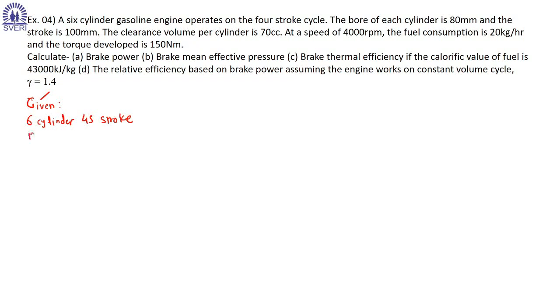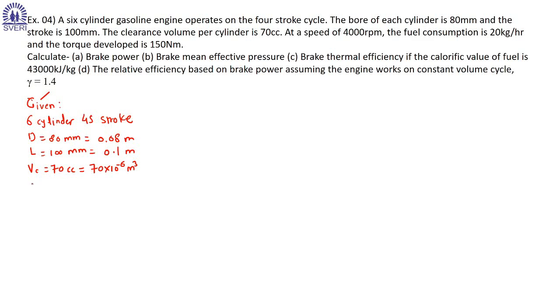The diameter of the bore is given as 80 mm, which is 0.08 meter. Stroke length is given as 100 mm, so that is 0.1 meter. Next, the clearance volume, that is Vc, is given as 70 cc. So you can convert this into meter cube as 70 into 10 to power minus 6 meter cube.